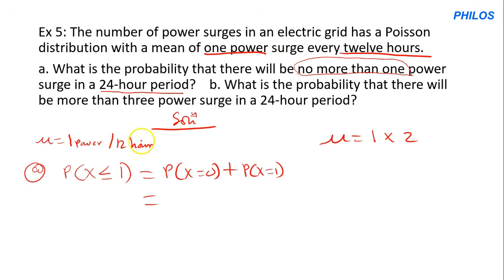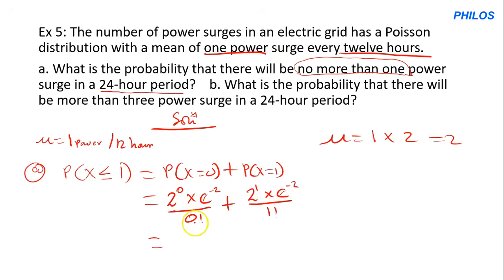1 power surge is for 12 hours. So for 24 hours, it will be 2. For 36 hours, it will be 3. So the mean is 2. So we have 2 exponent 0 times e exponent negative 2 divided by 0 factorial, plus 2 exponent 1 times e exponent negative 2 divided by 1 factorial.